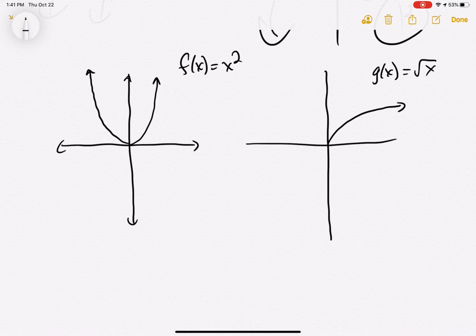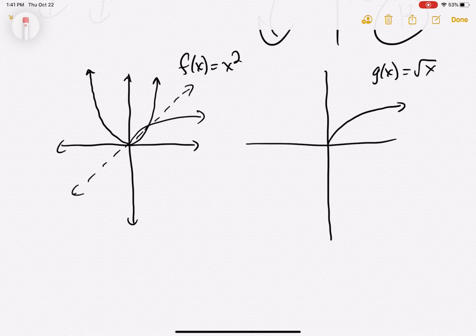It looks like that. When you reflect a graph over the line y equals x, and I talk about this in my video, you're going to get the inverted function. But if we invert this, we get 2/2 of that parabola. What we really want to do is only get one of them.